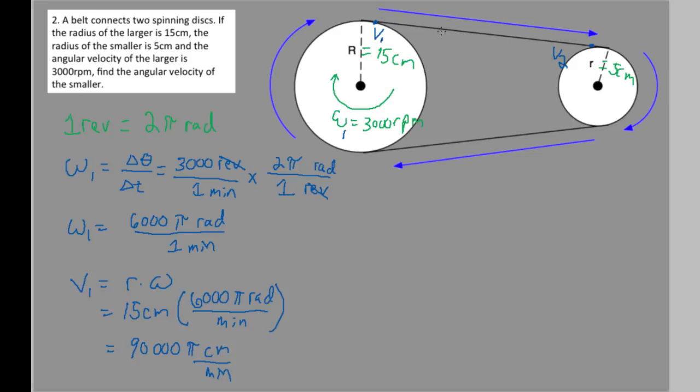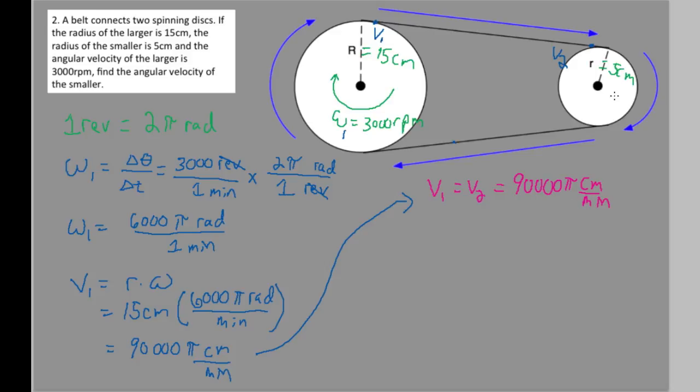And again, since every point on the belt has to travel the same speed, that V1 is going to be put on the second disk, and now I can start working on the second disk. V1 is the same as V2, which has to equal 90,000 pi centimeters per minute.